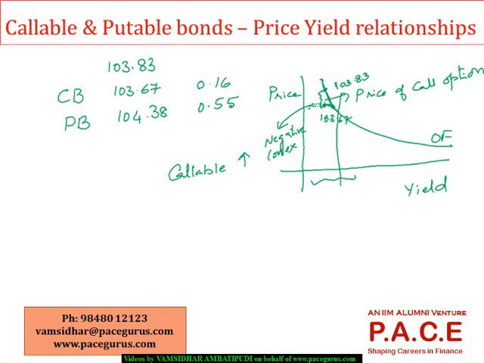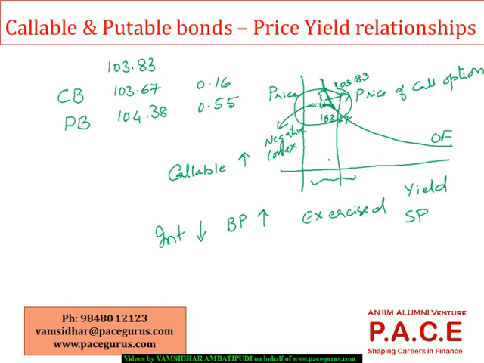Only at lower interest rates are the chances of the bond being called increased, because if the interest rates are lower, the bond prices are higher. The bond prices being higher means the call option will be exercised at the strike price, so the value of that bond will come down, which gives a negative convex kind of shape here.